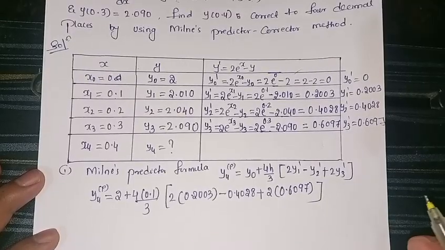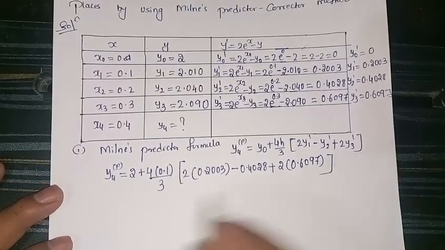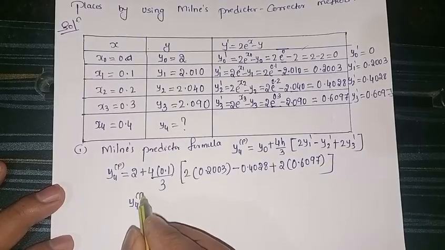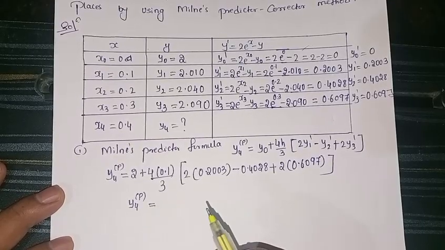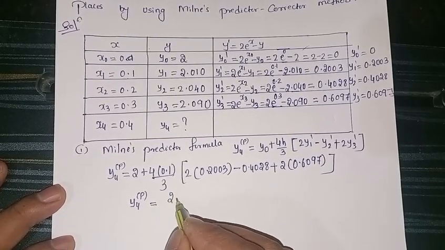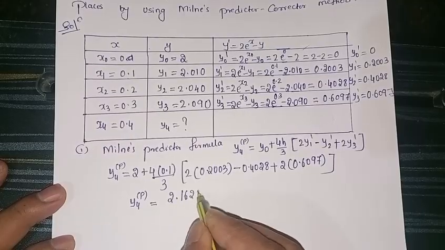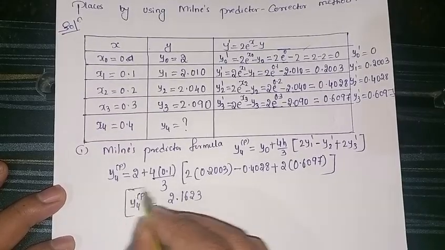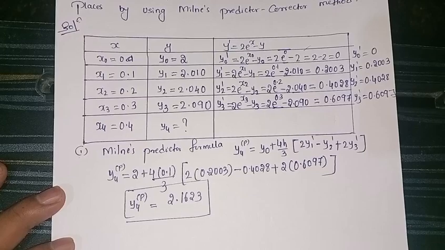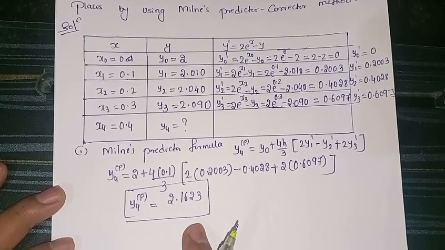So if we solve this using a calculator, then we will have the predictor value or predicted answer, that is 2.1623. Okay, this is very important.